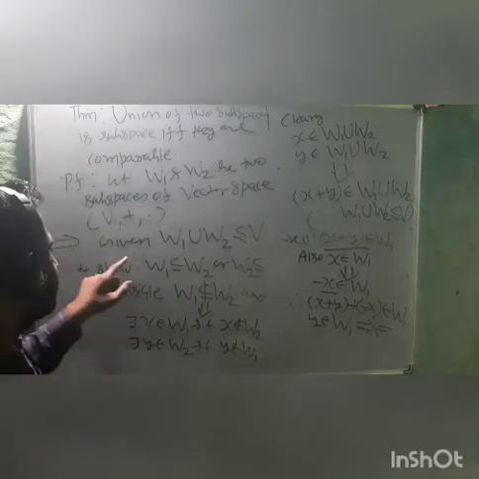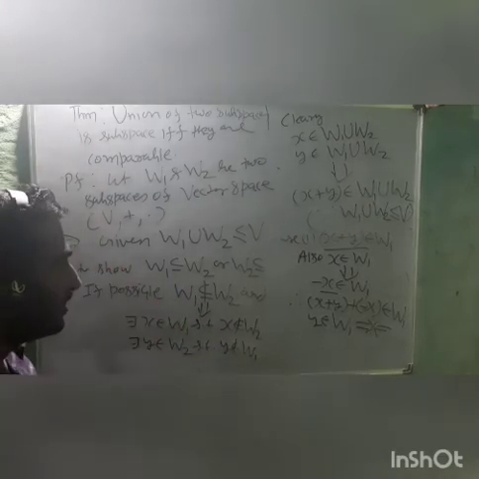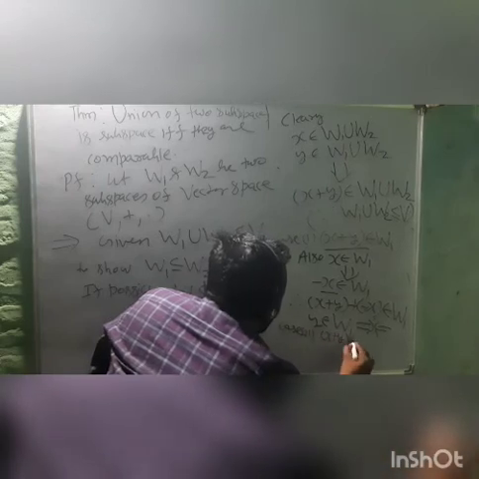Hence my assumption will be wrong. But let's prove this in the other case also. So what is the other case? Case 2, X plus Y belongs to W2. And which other element is in W2? Y also belongs to W2. And since W2 is a subspace, its additive inverse will be there. And now similarly we will get a contradiction in this case as well.